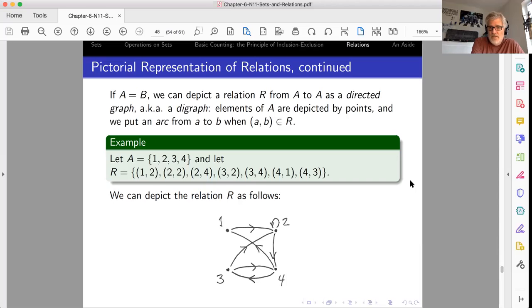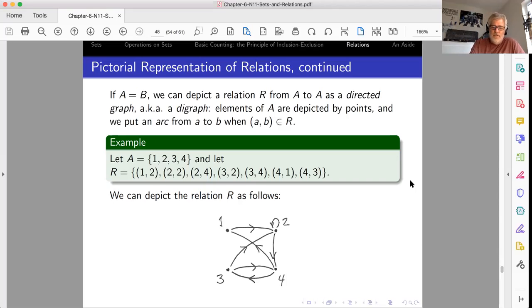So you see that you have a representation of your relation as a picture, and you can read off various properties of the relation very quickly. That's one possible way of representing a relation, as long as the relation is from a set to itself.